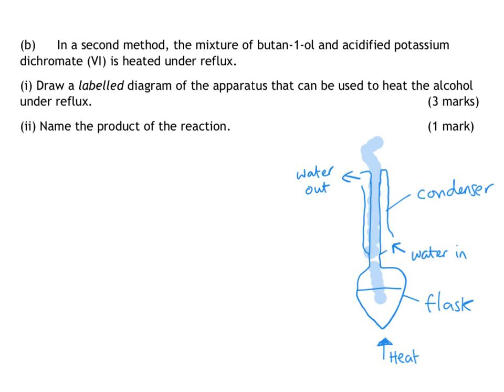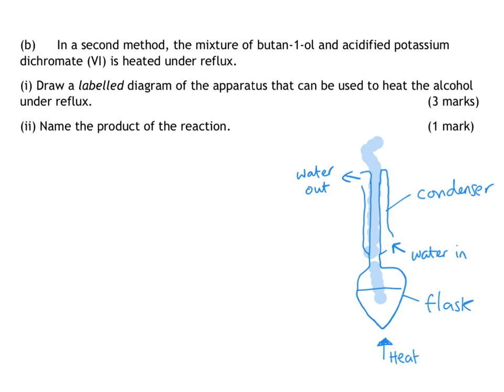So don't block the condenser. Labels just means mostly water in, water out. Not important to draw a clamp. All apparatus in chemistry diagrams floats magically and is self-supporting, and you never really have to draw a clamp stand because it's just too difficult to get it in when you're doing a cross-sectional diagram.